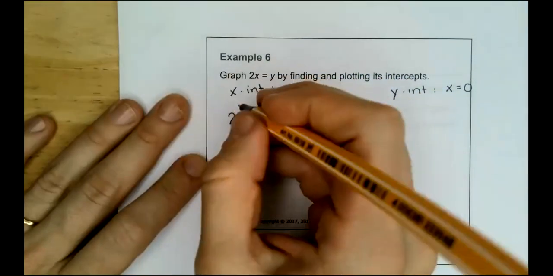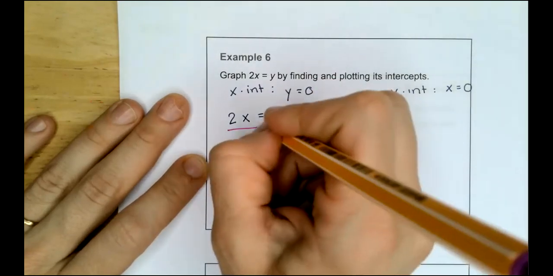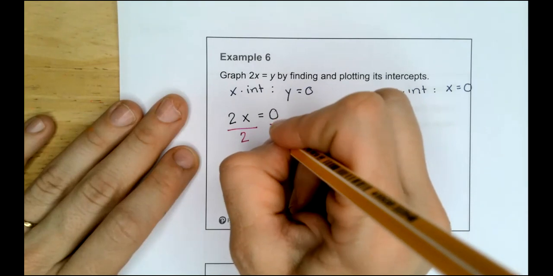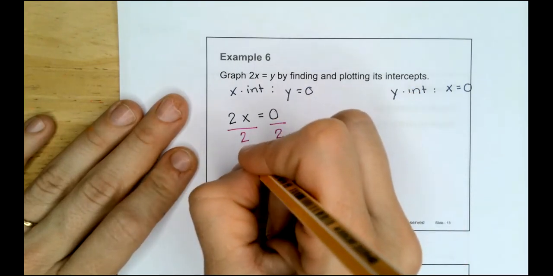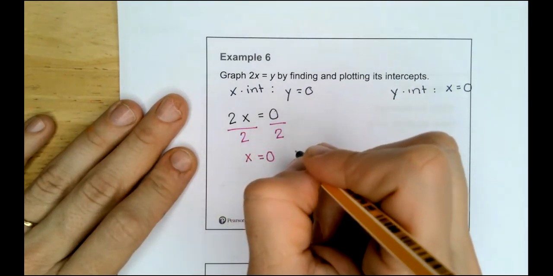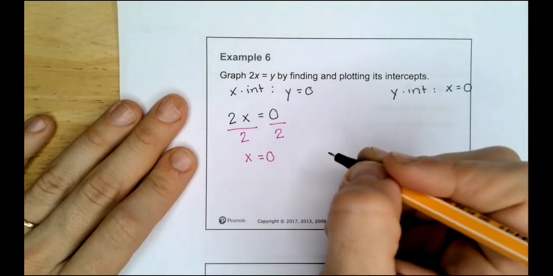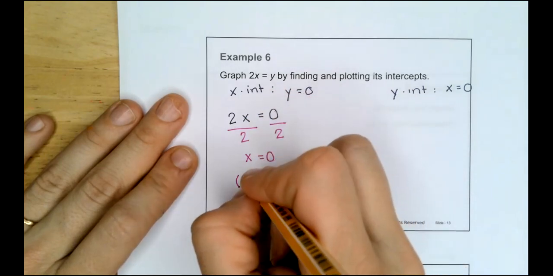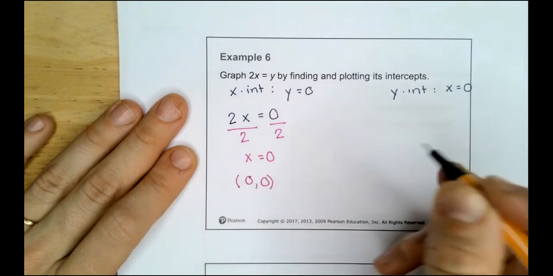Now solve for x. X is being multiplied by 2. So to undo being multiplied by 2, I'm going to divide by 2. 0 divided by 2 is just 0. X is 0. So that means my x-intercept is 0, 0.